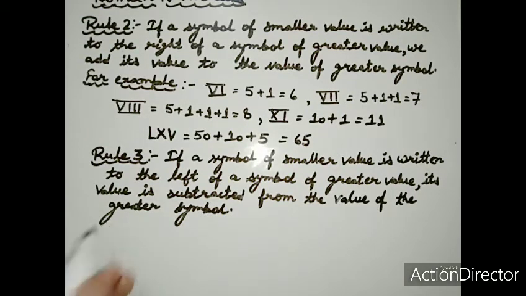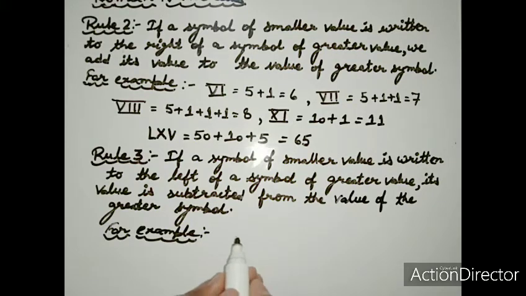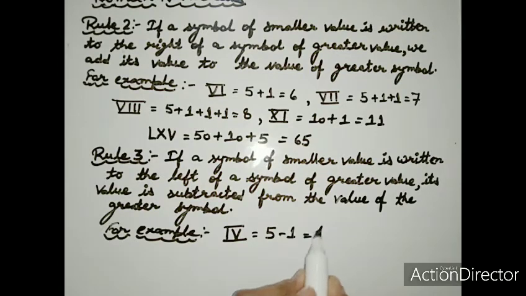For example, if you want to write 4, then we write I V. This time we write I on the left-hand side of the greater number, so we subtract 1 from 5: 5 minus 1 equals 4.